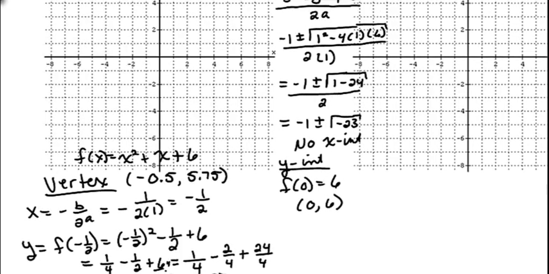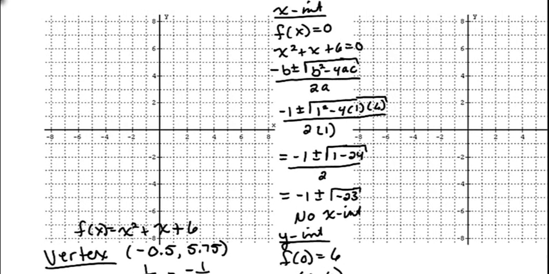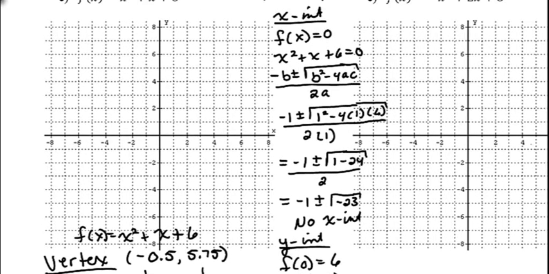Okay, so let's put our information on our graphs. We have negative 1/2 and 5.75 as our vertex. So here's negative 1/2, and then we want to go up to 5 3/4. That's about right there, and we're opening up.